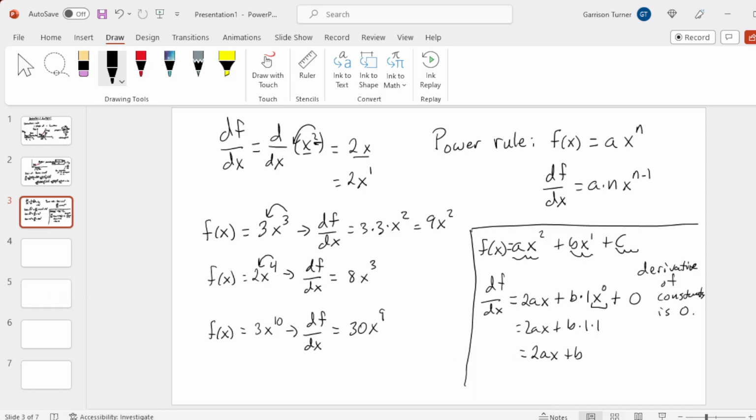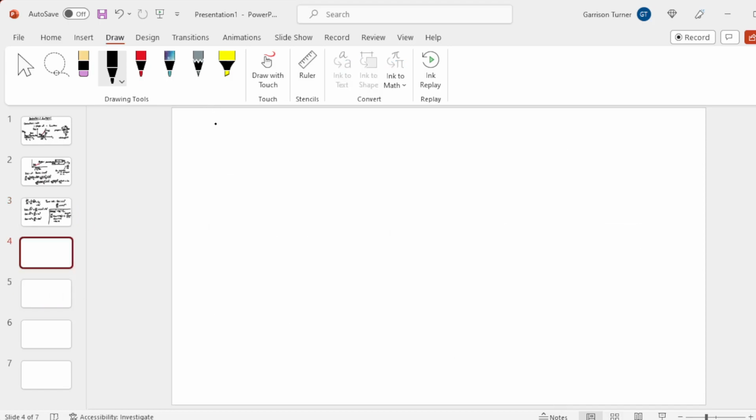Okay. So, for example, if we had a quadratic that looks like this, and I want to take the derivative, f prime of x, or df dx, the notation means the exact same thing.